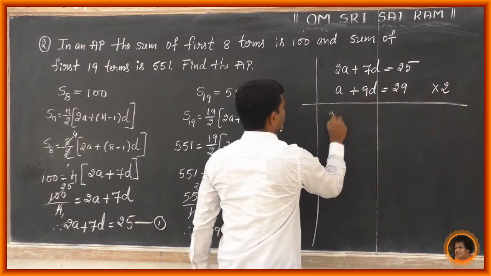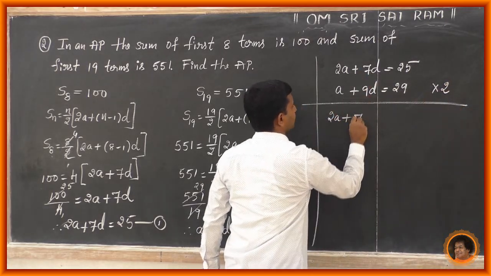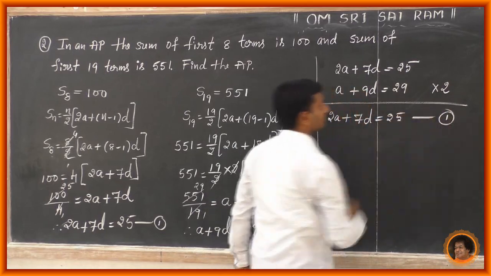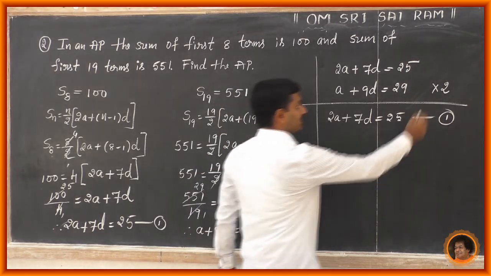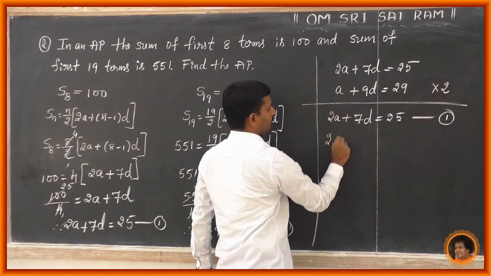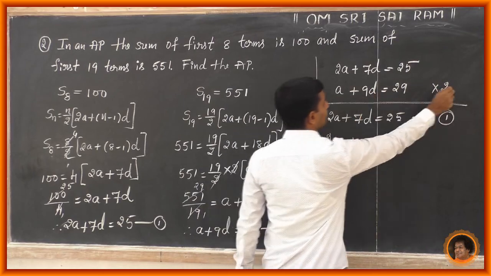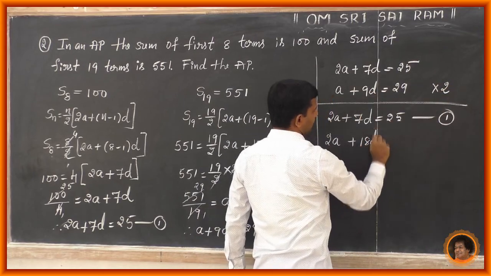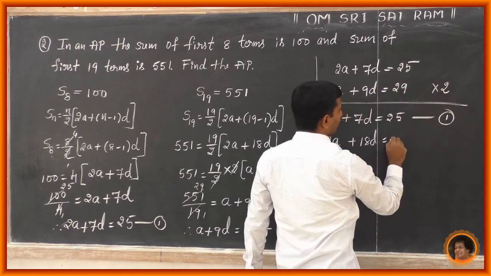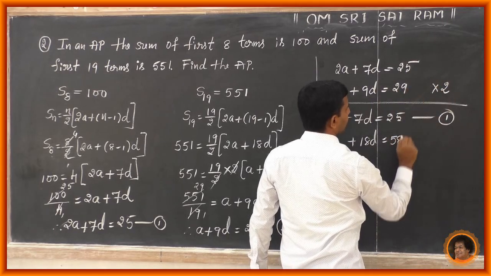So the first equation, 2a plus 7d equal to 25, equation number 1. Now multiply the second equation by 2: 2 into a, 2a, plus 9 into 2, 18d, equal to 29 into 2, which means 58.